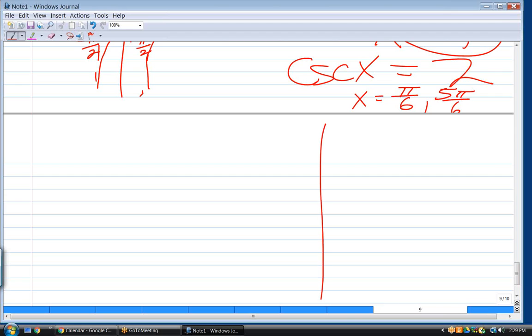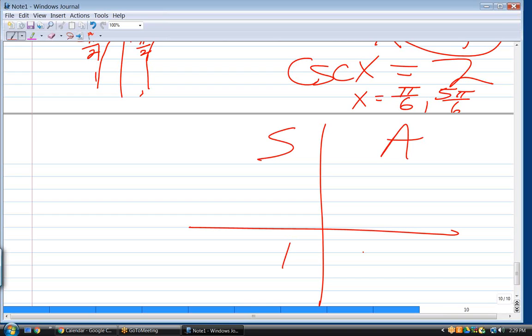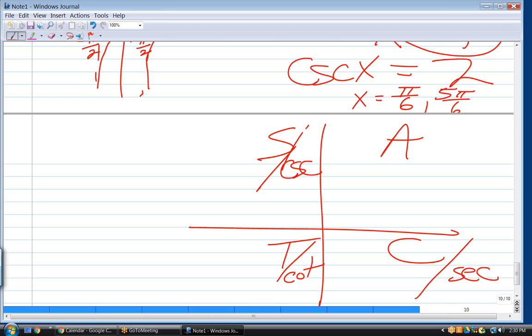In other words, if we're going to use All Students Take Calculus, then this kind of breaks it. Notice that this isn't quite accurate. A means all, but S actually means sine or cosecant. T means tangent or cotangent. And C means cosine or secant. If sine is positive, cosecant's positive.